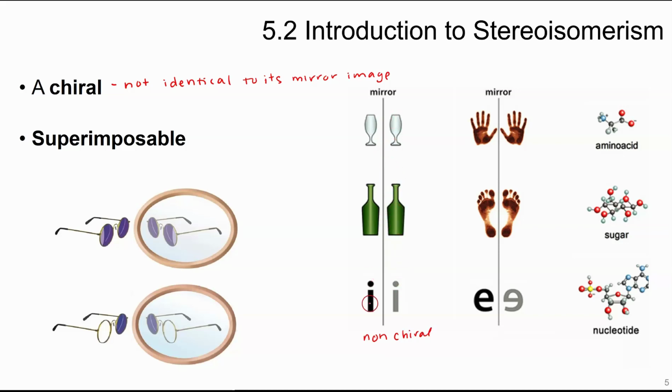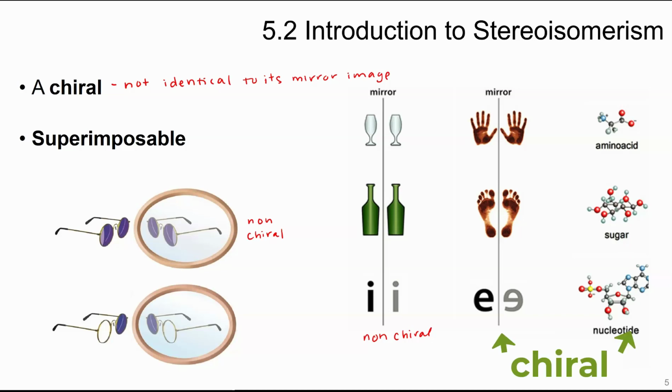So we have a wine glass, a bottle, the letter I. These sunglasses here are non-chiral. These are not identical to their mirror images. So your left hand is different from your right hand. Even though they are mirror images of each other, they are chiral, so they're not the same. Same with your feet and with the letter E. We have amino acids, sugars, and nucleotides, which can also be chiral molecules.